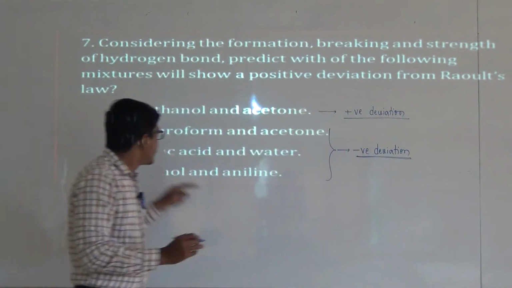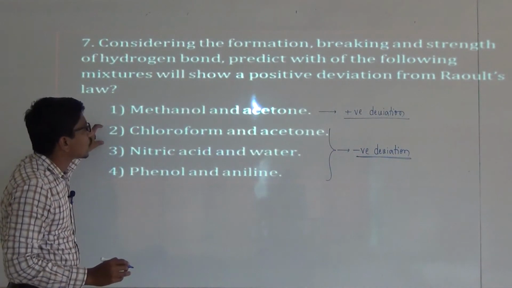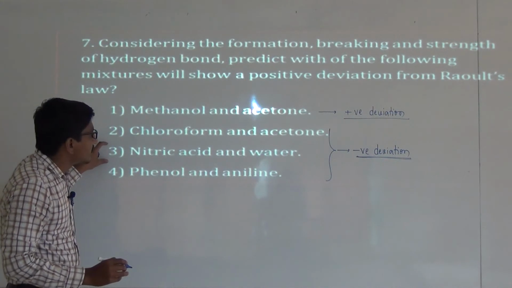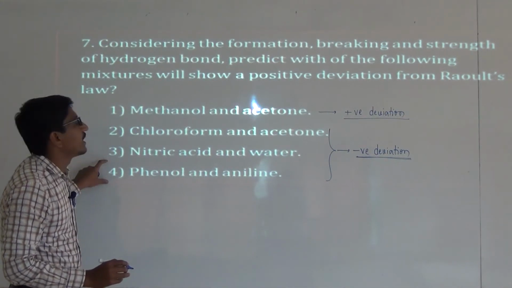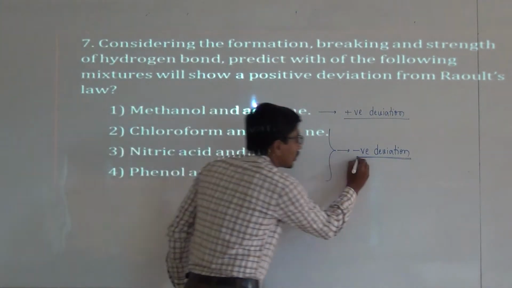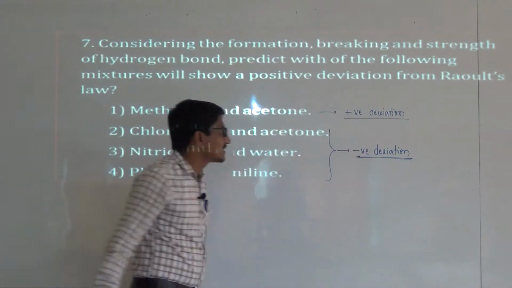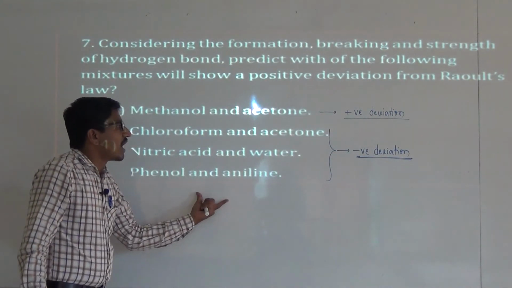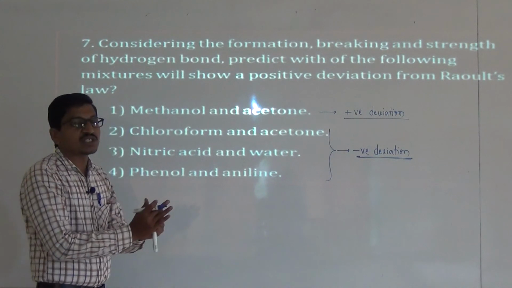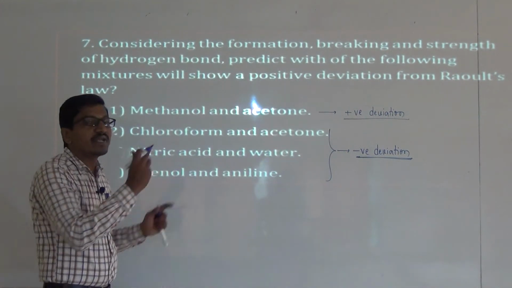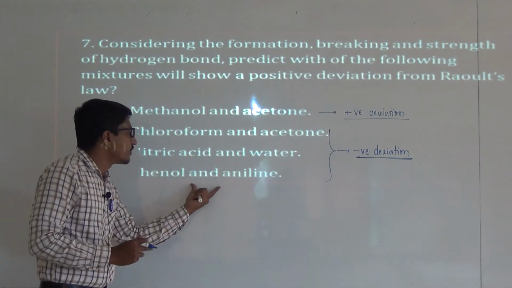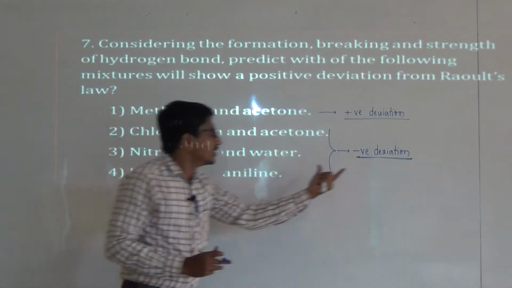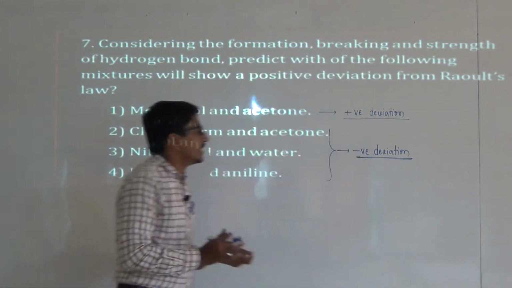In the rest of the three liquid pairs, chloroform and acetone, nitric acid and water, and phenol and aniline, the intermolecular interactions are stronger compared with the pure components and the attractive forces are strong, meaning the escaping tendency of these liquid pairs from the surface is less, and this shows negative deviation.